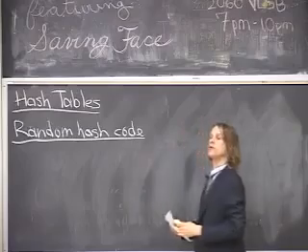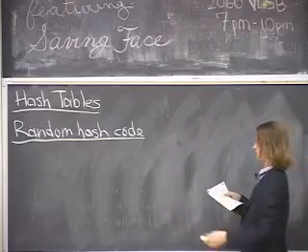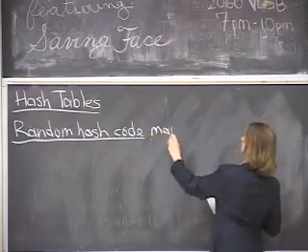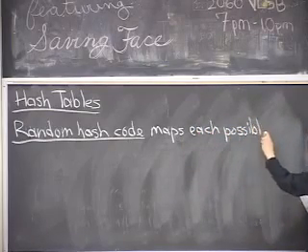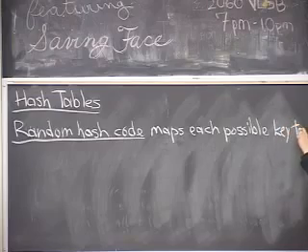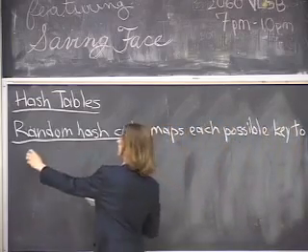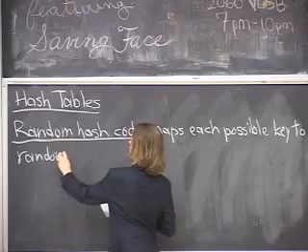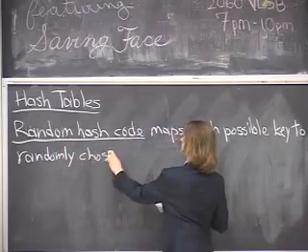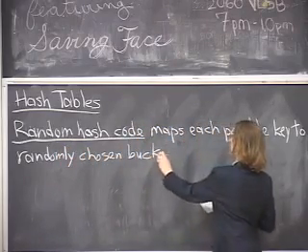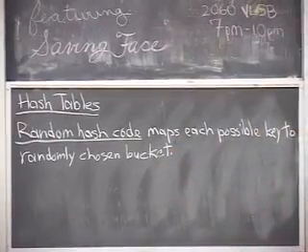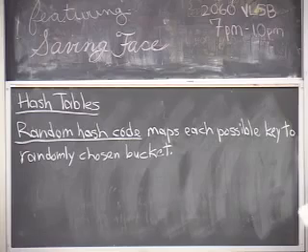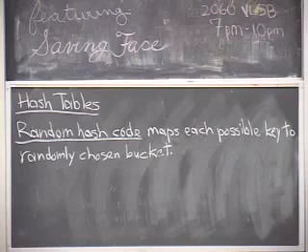A random hash code is one that maps each possible key to a randomly chosen bucket. And for any one key, each of the buckets could be chosen with equal probability. So all the buckets are equally good, and we just choose one at random.